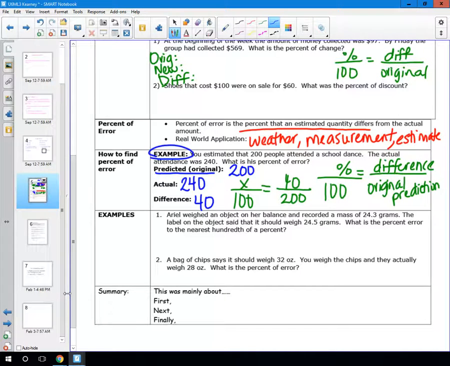And then you're going to solve it just like you guys are rock stars at solving. Cross multiply 40 times 100. And then divide. And when I do that, using your calculator, you can check behind me, I got 20%. And it was actually an increase than what I thought because it went from 200 to 240. So it was a 20% increase error.